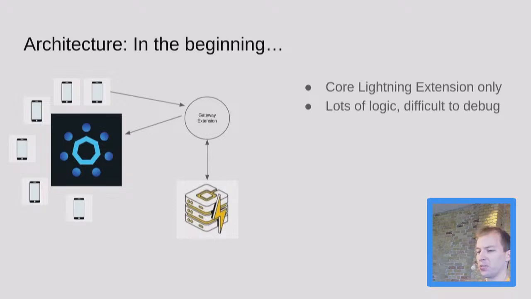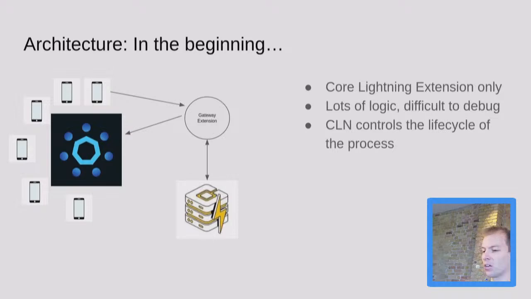It turned out this worked, but there were some obvious downsides. There was lots of logic in the gateway, in the extension, which made it somewhat difficult to debug. Core Lightning controls the life cycle of the extension process.